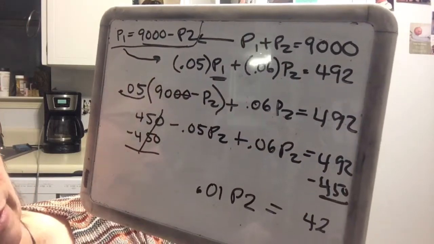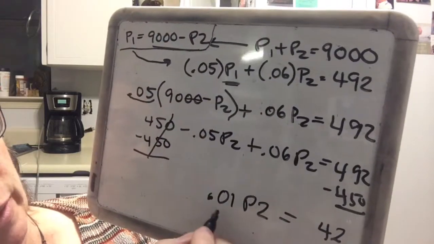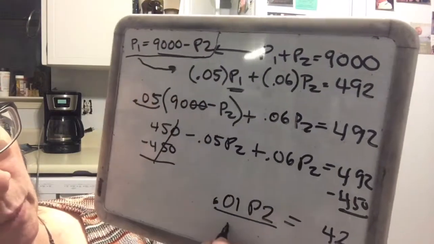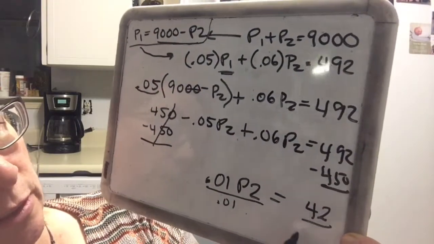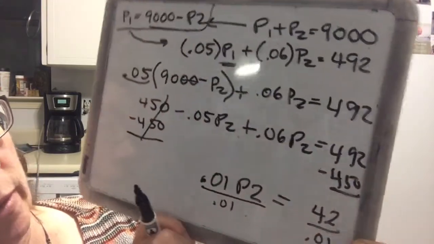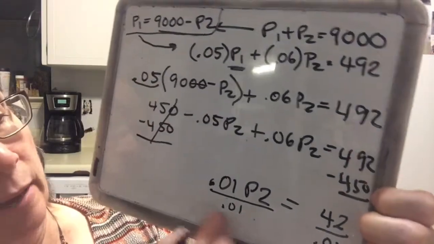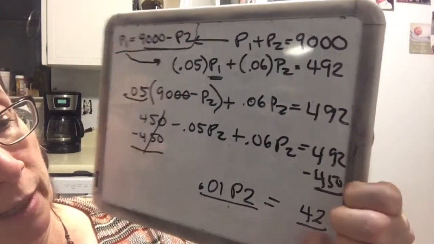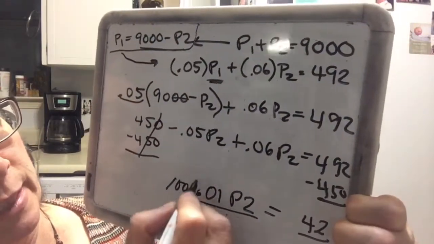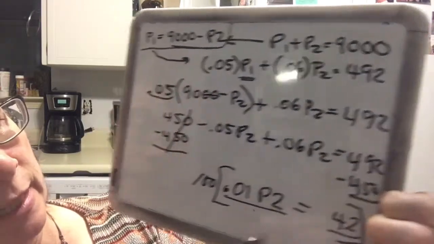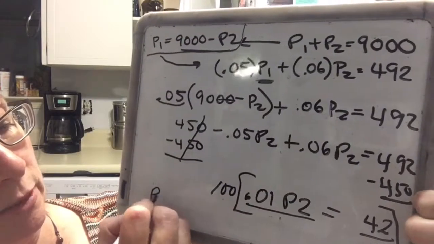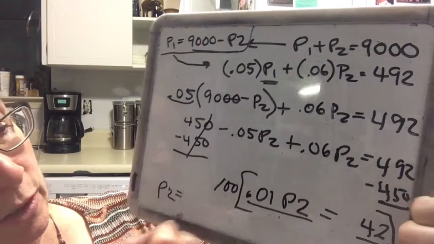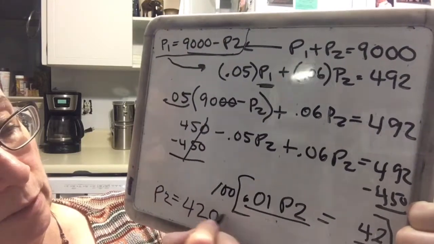Okay, so now I'm going to divide by 0.01 or multiply by 100. Either one of those is going to do it. If I'm doing it without a calculator, I would definitely just multiply both sides by 100, wouldn't you? Be a little bit easier. So multiply both sides by 100, and that's going to clear out that decimal, and we get P2 is equal to 4,200.